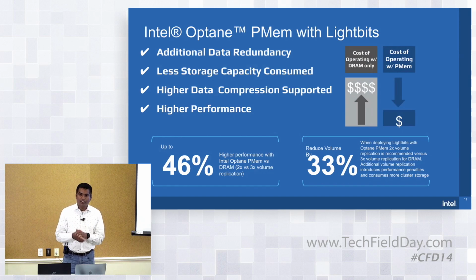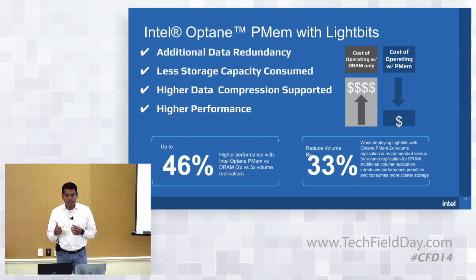And from an overall cost perspective, you reduce the overall cost of the deployment by up to 33%. That's pretty significant. One, your overall cost of deployment is now reduced, and the performance SLAs that you're trying to match are also met, matching what you would be getting with the DRAM. That's pretty significant.